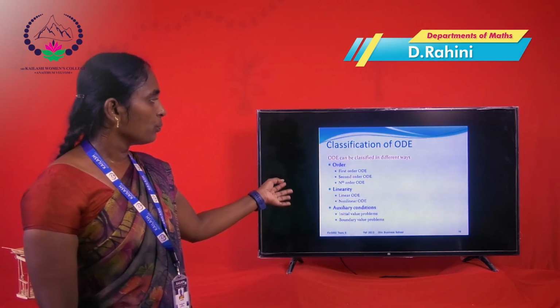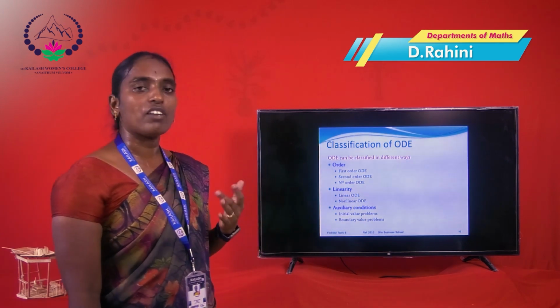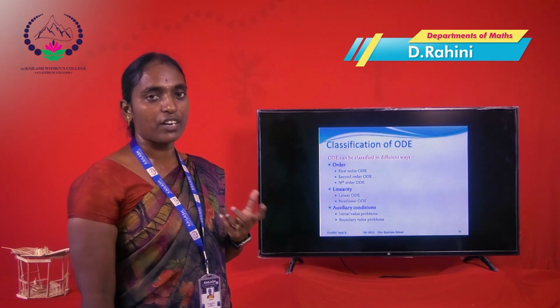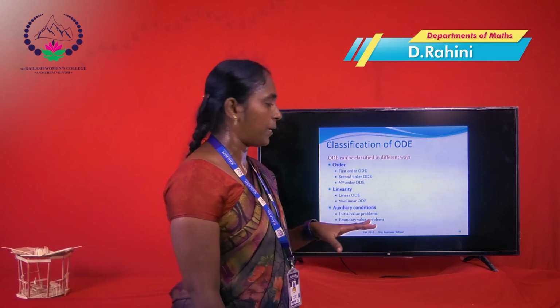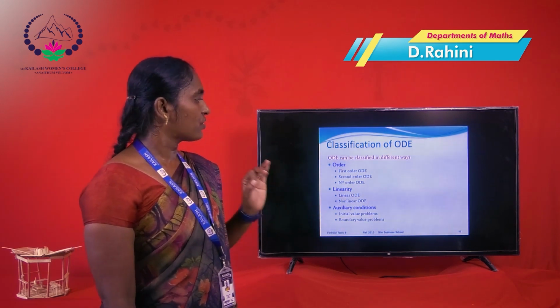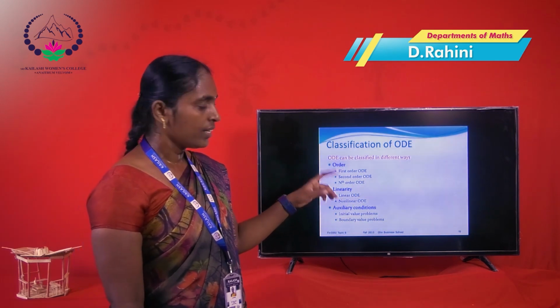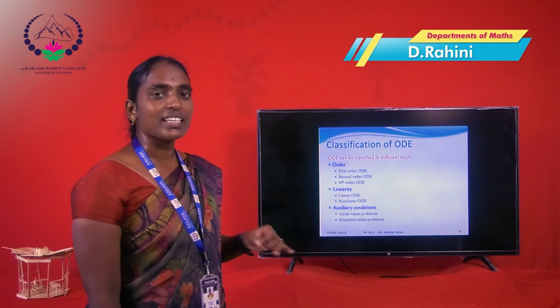Next I will tell you the classifications of ODE. In ODE we have a lot of classifications in different ways. Here I will give you some classifications of ODE. First one, order. In order we have three types: first order ODE, second order ODE, nth order ODE. Next one is linearity.